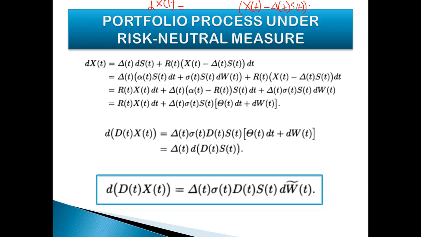Now suppose there is a time change of dt. Then the interest will be rt multiplied by dt multiplied by whatever you have in the bank, plus you already have delta t number of shares.